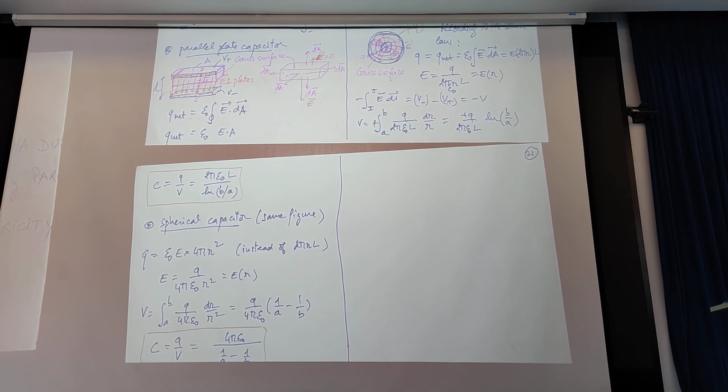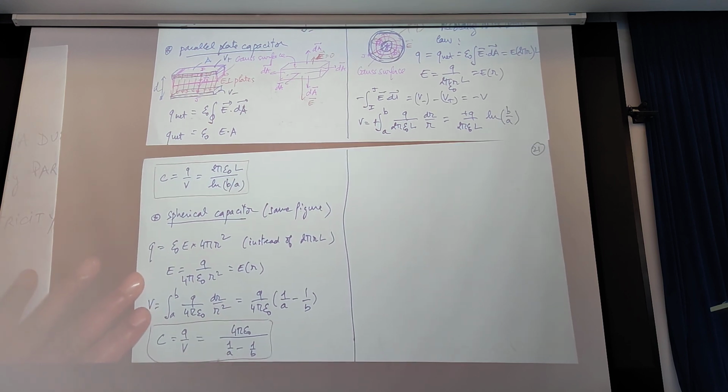But now imagine that the outside sphere gets larger until infinity. Then the remaining inside sphere constitutes a capacitor. It's a case of a capacitor composed of only one conductor instead of two, but in fact we need to imagine that the second conductor is very big.